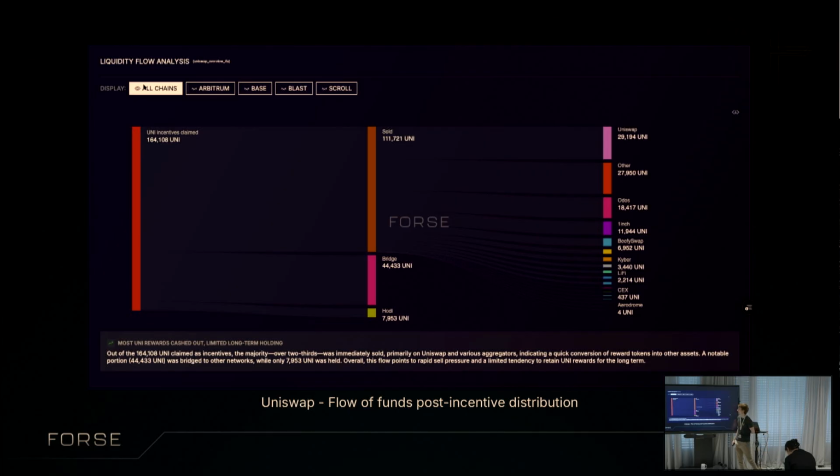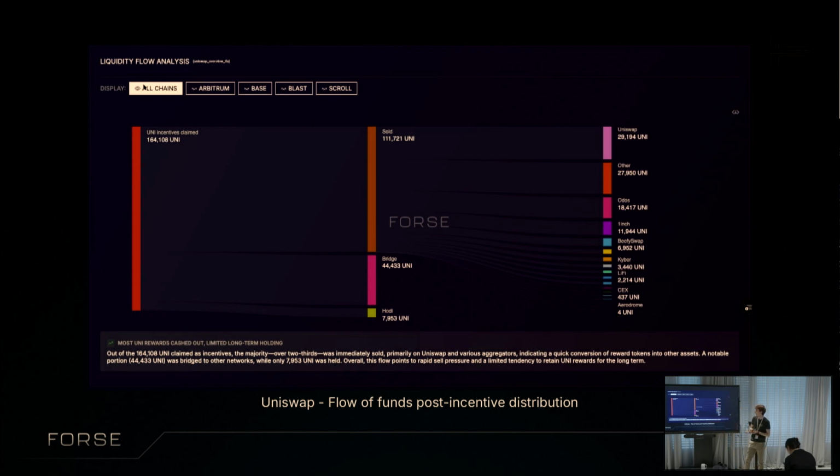Of the 164,000 UNI that were given away, 111,000 were directly sold in Uniswap, other protocols, Odos, 1inch, BeefySwap, Cyber, LiFi, and some centralized exchanges. 44,000 went to bridges, so most likely they got sold on another chain. So I would just also say they are sold, and only 8,000 of them got hodled. So they got kept in the wallets.